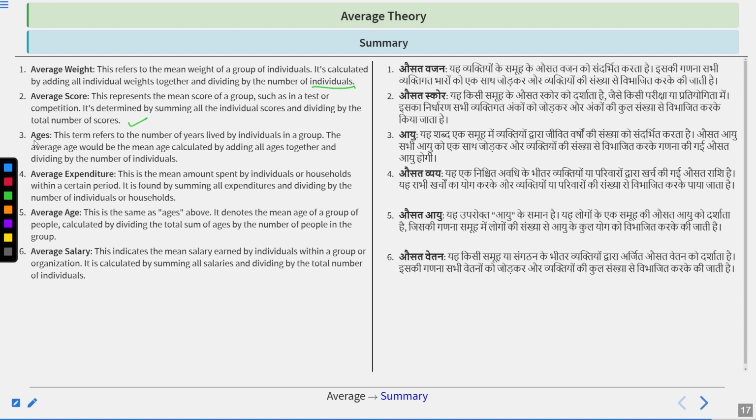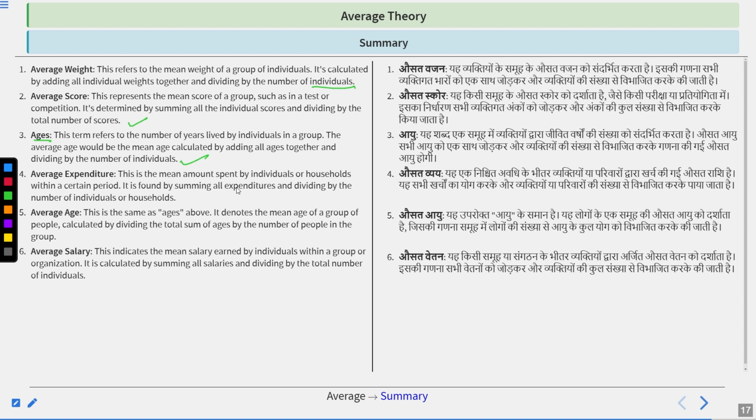Clear? What is related to ages? This term refers to the number of years lived by individuals in a group. The average age would be the mean calculated by adding all ages together and dividing by the number of individuals. Average expenditure is the mean amount spent by individuals or households within a certain period.